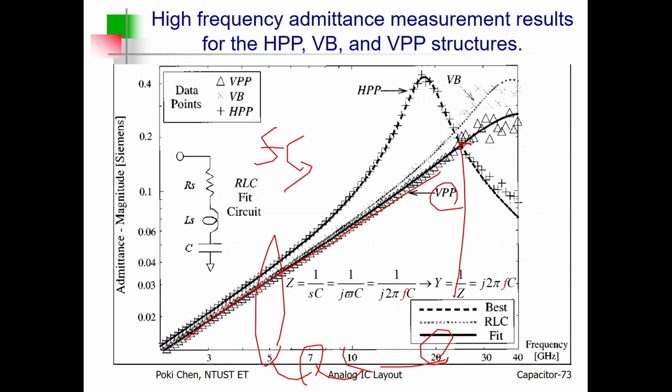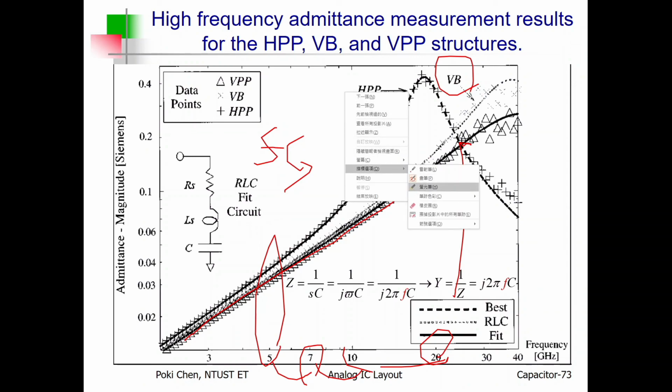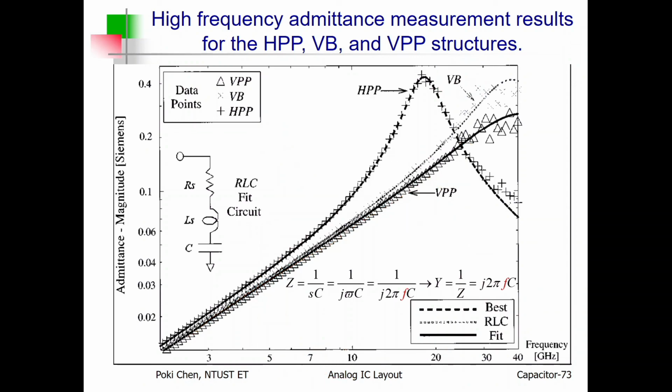You may be curious, how about the best in theory? I mean, the vertical bars capacitor. You can see the curve is bent around here. See? So it is no good for more than 10 gigahertz.